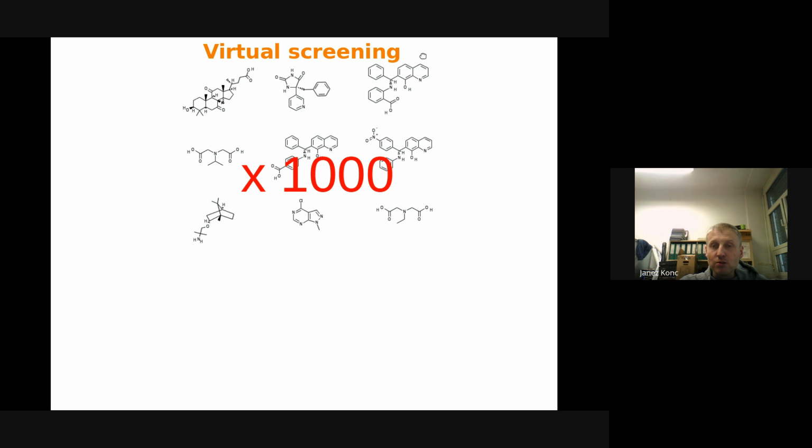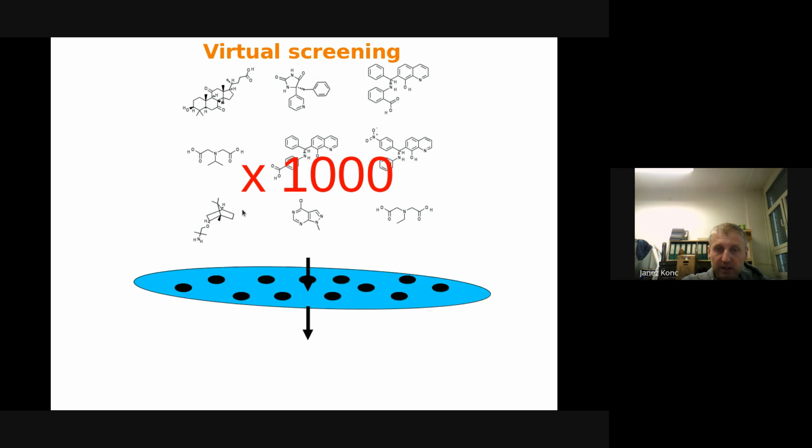So I'm going to talk today about virtual screening. Virtual screening starts with a large database of molecules, usually thousands, if not millions of molecules, and we use our computers as a sort of a sieve to filter out the molecules that are the most promising for drug discovery.